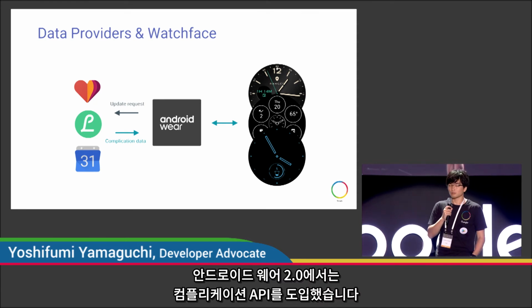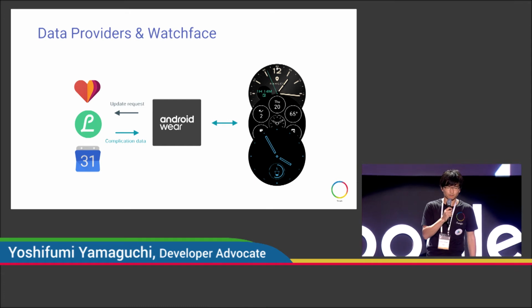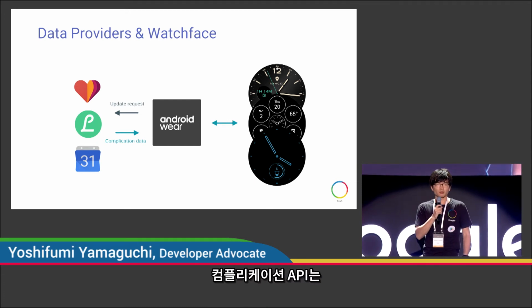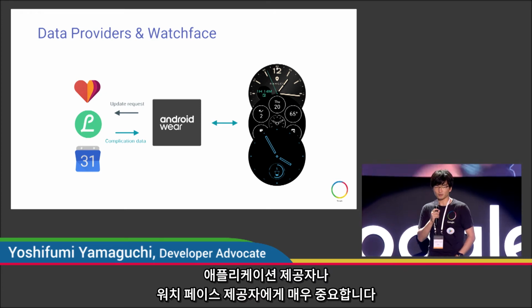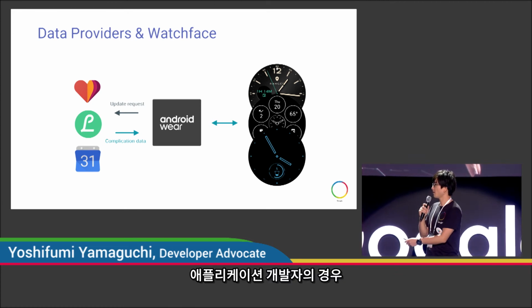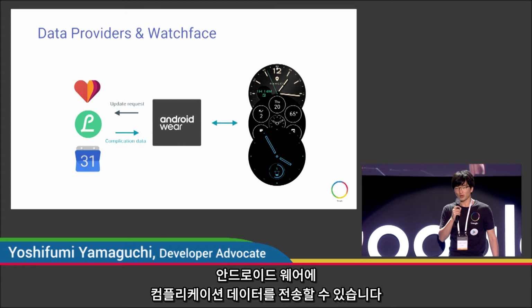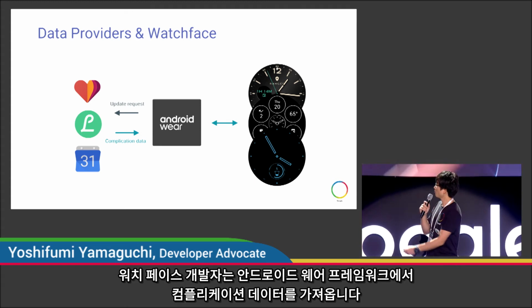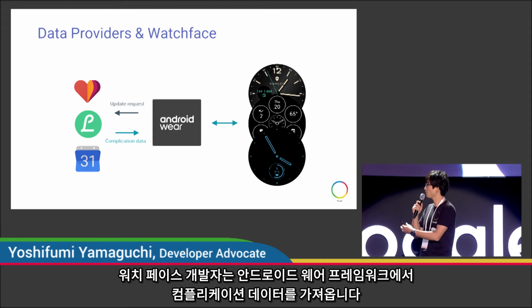So in Android Wear 2.0, we introduced the complication API. And the complication API is really important to the application provider and the watch face provider as well. So the application developer can send the complication data to Android Wear, and then the watch face developer can get the complication data from the Android Wear framework.